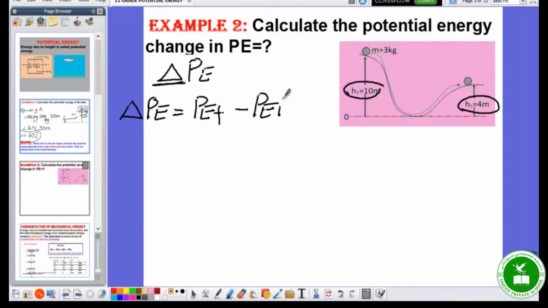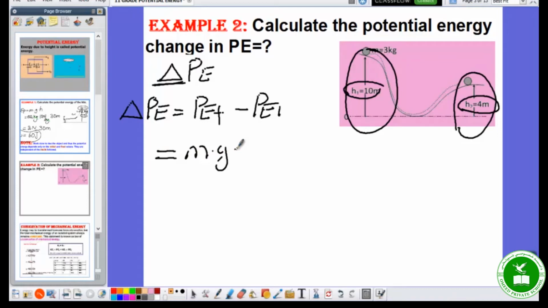Final is the energy of the object at this height, and initial is the energy of the object at its starting height. So it is m times g times h2, because the final energy is the energy of the object at this height, minus m times g times h1.